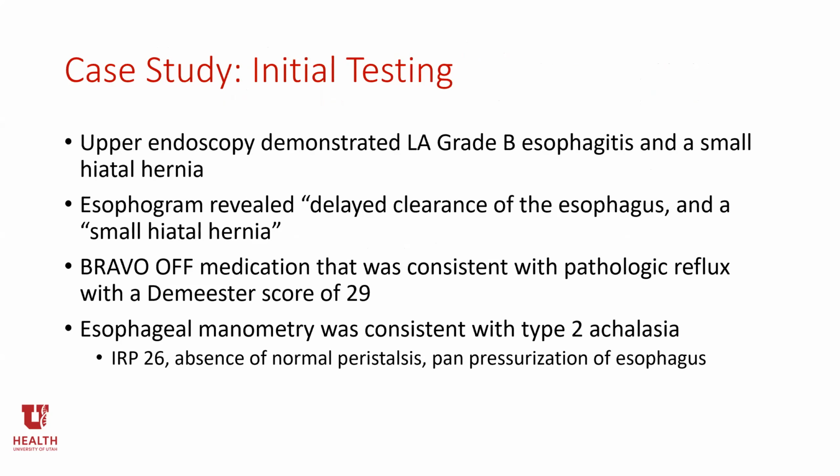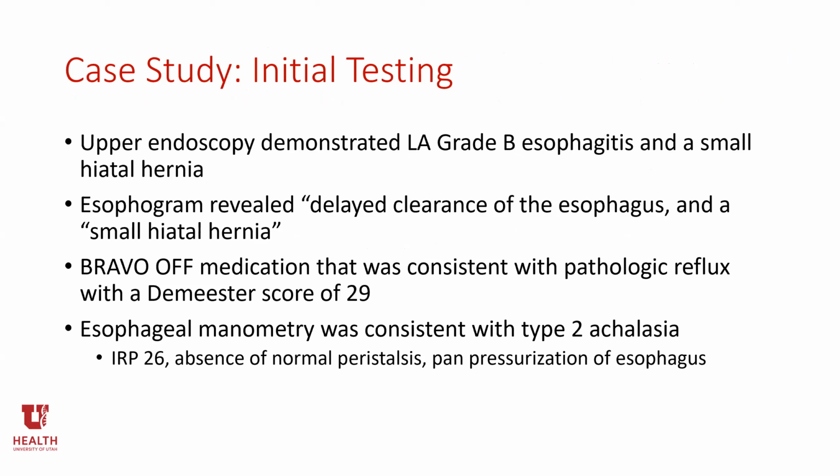She'd undergone an endoscopy that demonstrated LA grade B esophagitis and a small hiatal hernia, and an esophagram that showed some delayed clearance of the esophagus and a small hiatal hernia. Bravo off medication was performed, and this was consistent with pathologic reflux. She had a Demeester score of 29.